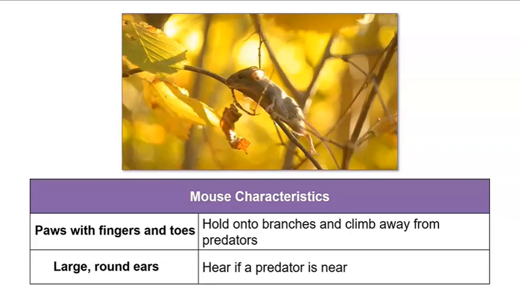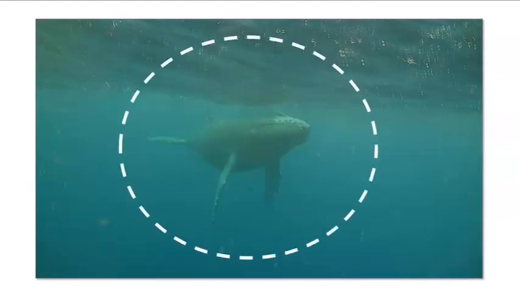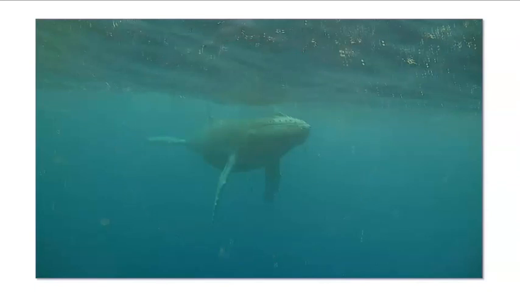Let's look at another animal that lives in a very different environment and see what characteristics help it survive. This is a whale. It is much bigger than the mouse we just saw. The whale and the mouse live in completely different environments too.